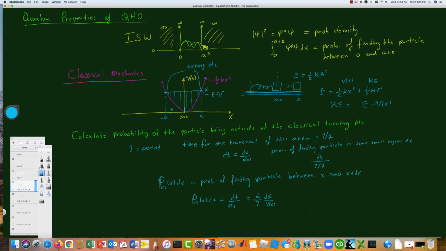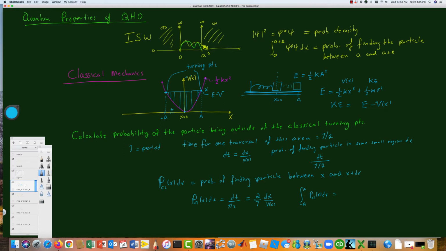Now, is this normalized? We should always ask that question when we have a probability distribution. Let's look. We're going to normalize, so we go from minus a to a of P classical of x dx. Because I'm going to integrate this over time, it's easier.